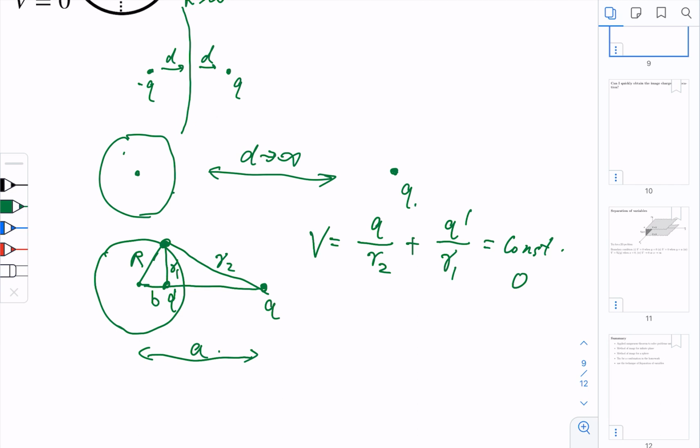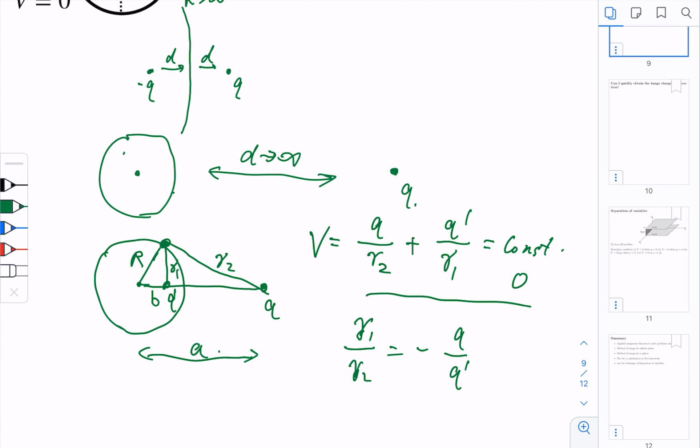So if this really satisfies everywhere, then this expression should be true, and the ratio of curly R1 and curly R2 should really be negative Q over Q prime. The ratio of the two should be a constant, right?